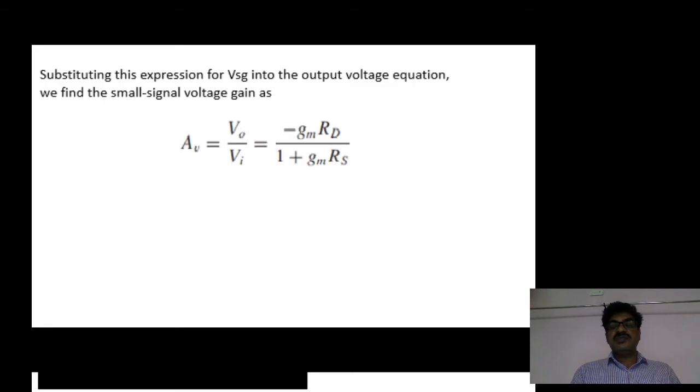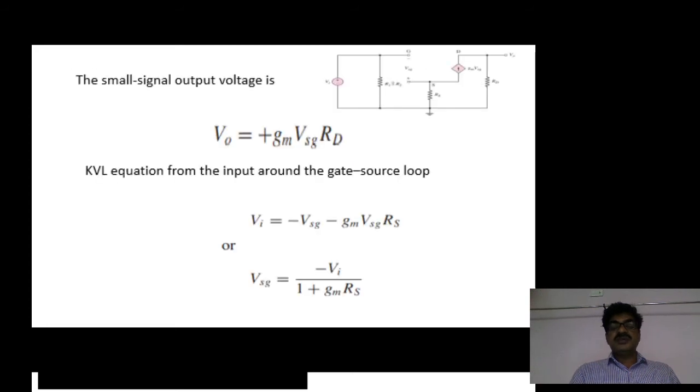Next, coming to input and output impedances. The input impedance, looking before the biasing circuit, is R1 parallel R2, because the gate-source is open. Coming to output resistance, for calculating the output resistance, all the independent sources must be 0.